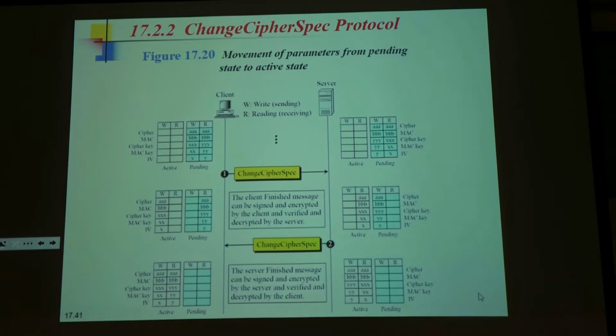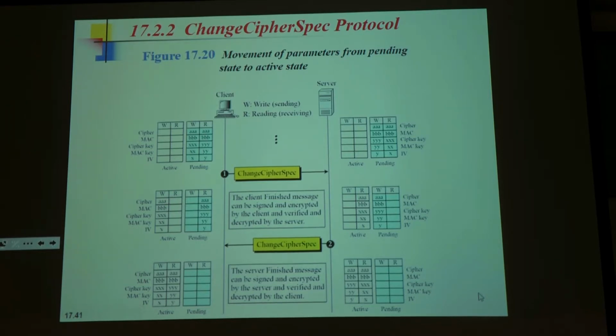The question now is, when can the two parties use these parameters and secrets after the exchange? SSL mandates that the parties cannot use these parameters or secrets until they have sent or received a special message, the change cipher spec message. After this message is sent, now you can use these parameters.